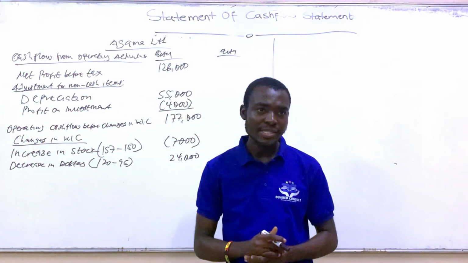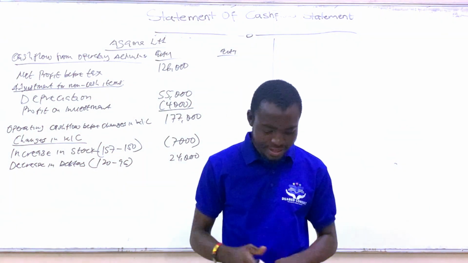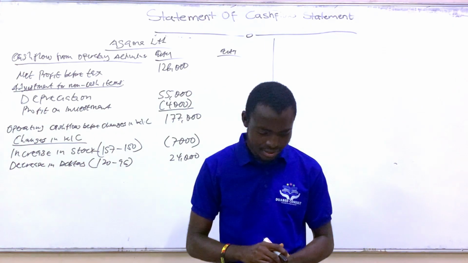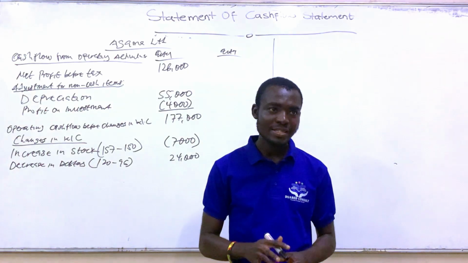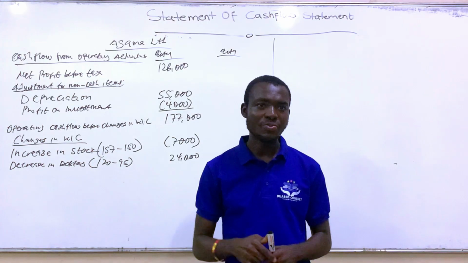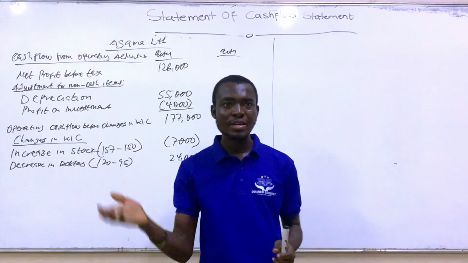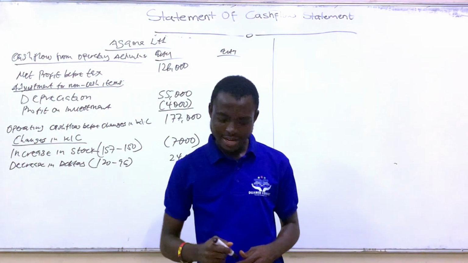The only current liability that we have is creditors. For creditors, 2007 is 100,000, and then 2008 is 94,000, which means there is a reduction in current liability. It means you have made payments, so we will less the reduction in the creditors value.